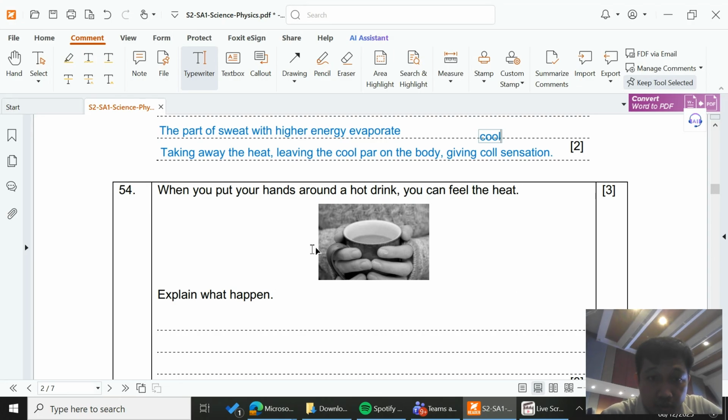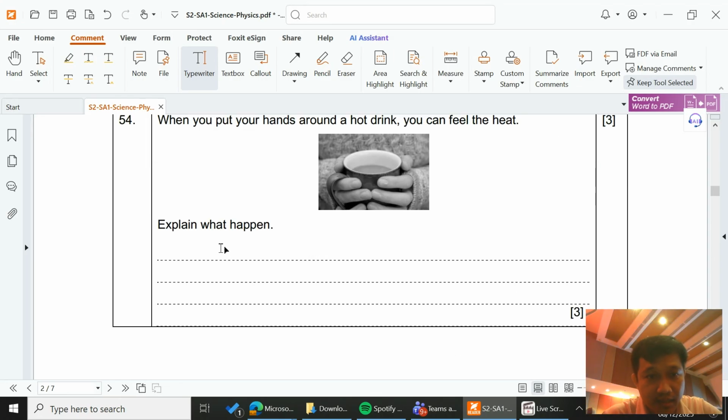Now, when you put your hands around the hot drink, you can feel the heat. Explain what happened. You need to explain that the heat travels from the liquid to the solid. That's what happened first. And then what next?